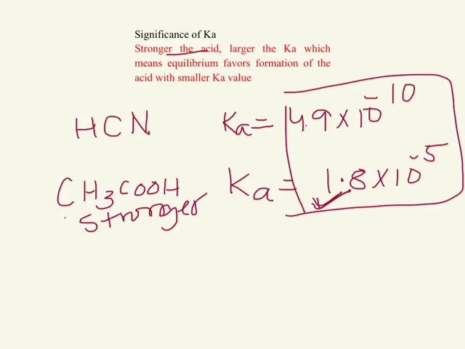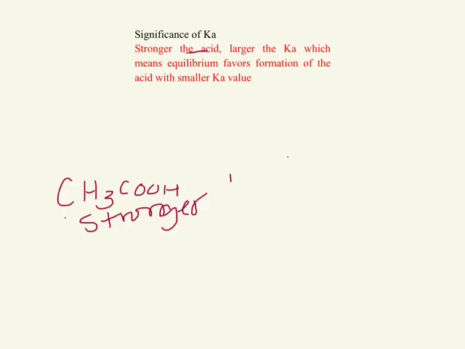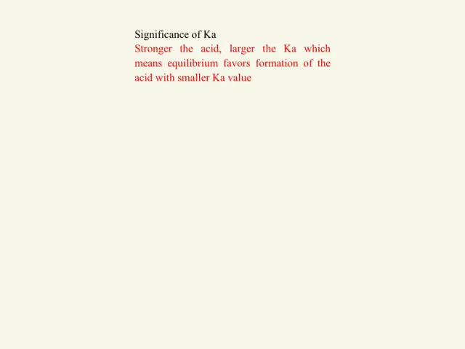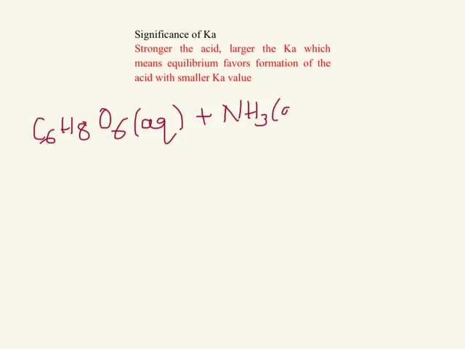Now, how does this help with the direction of the equilibrium? Let me write down one reaction here. For example, C6H8O6, this is vitamin C, reacts with ammonia aqueous to form the conjugate base plus NH4+.